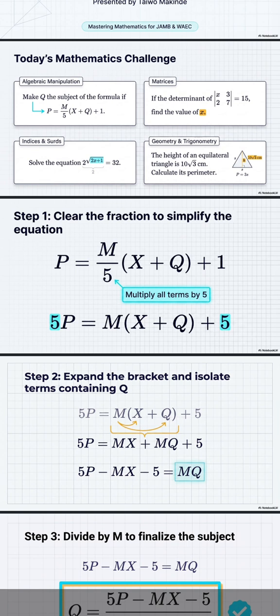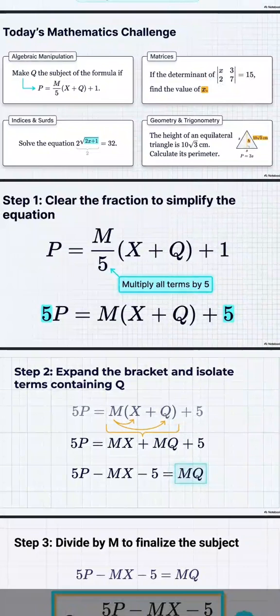But the approach used here, each term is multiplied by 5 to clear the fraction. So we have 5P is equal to m into x plus Q plus 5. Don't forget you want to isolate Q.